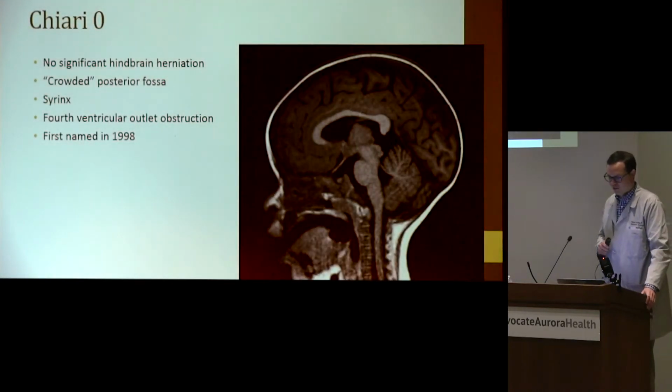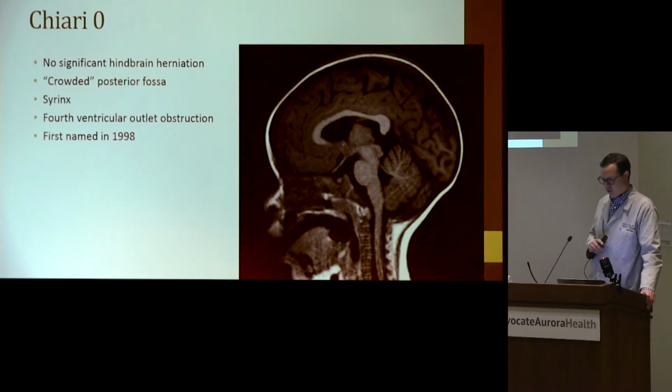So just to start off, Chiari Zero. I'm doing it first, but it's probably one of the most recently described forms of Chiari. It was first described at the University of Wisconsin in 1998. It's essentially where you don't have any abnormalities of the cerebellar tonsils, but you do have an outlet obstruction of the fourth ventricle. So what that means is, here's our fourth ventricle.